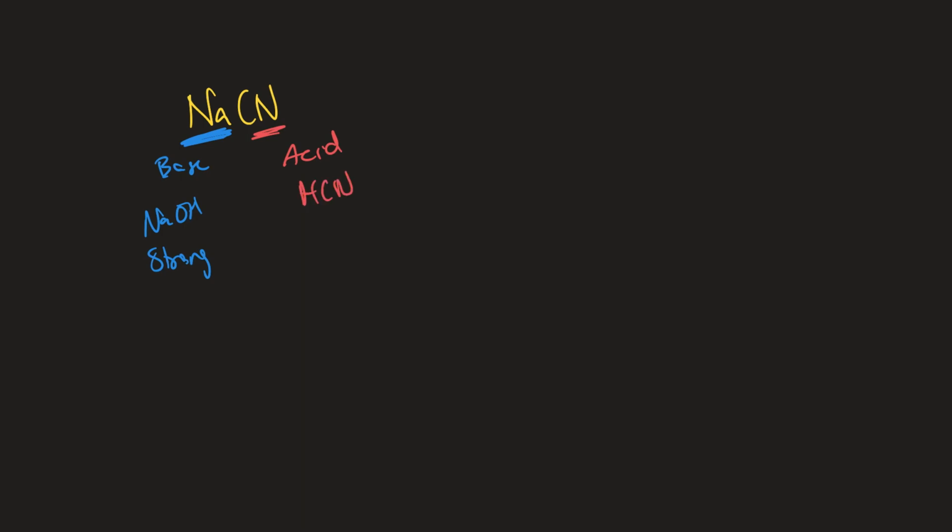Now hydrocyanic acid is a weak acid. So we have a strong base with a weak acid. This tells me that this solution will be a basic solution, because whatever is stronger, that's what it's going to be.